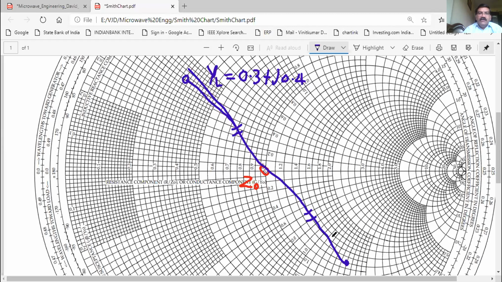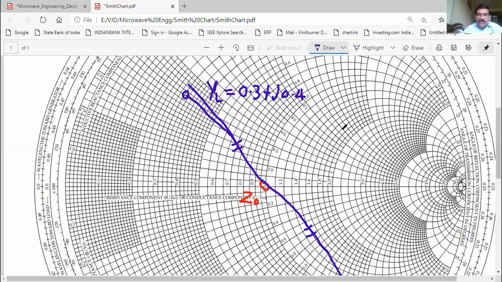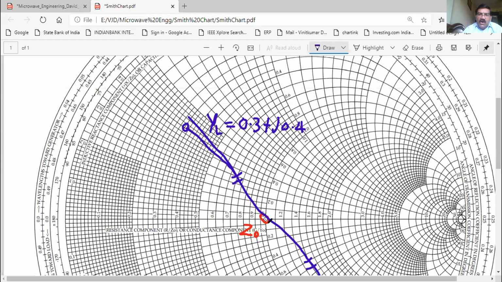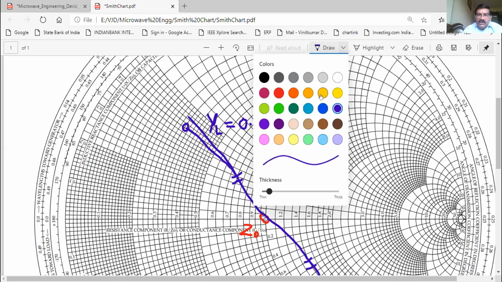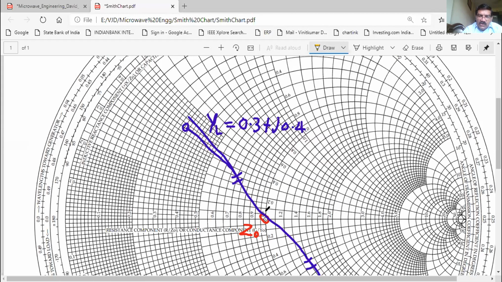Draw it by the scale, a circle joining these two points. This is the circle where Z0 is. This circle is the unity circle.